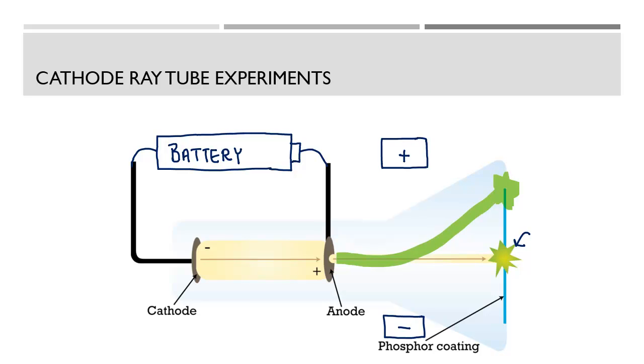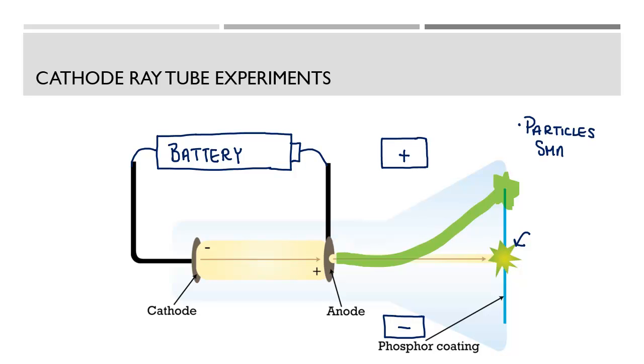What this tells us is that these particles had a negative charge. And the reason we know this is because negative attracts positive and negative repels negative. So if you held that positively charged plate close to that beam, it would bend very slightly toward the positively charged plate.